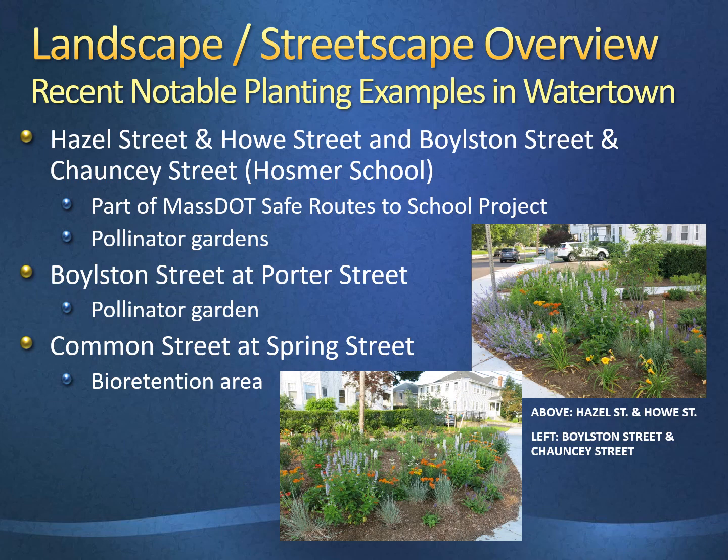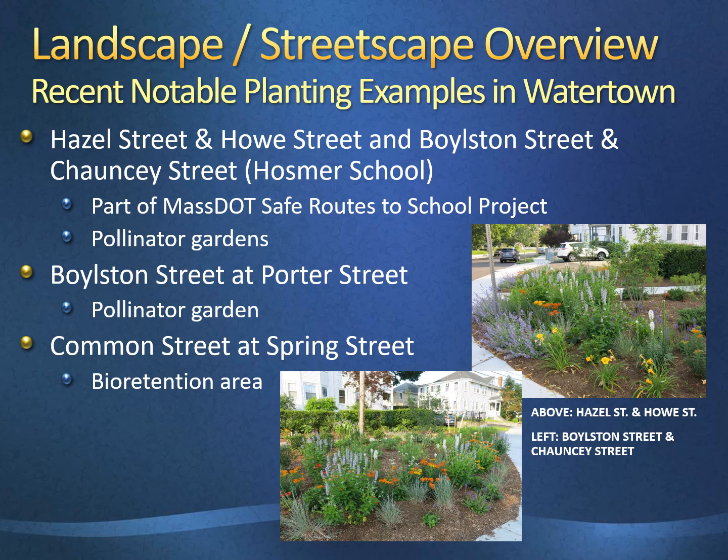We would like to make note of some recent planting examples in Watertown, which happen to be in the Mount Auburn Street area. For instance, at Hazel Street and Howe Street, and the corner of Boylston Street and Chauncey Street near the Hosmer School, are recent urban meadows, which you can see in the images in the lower right. These were constructed as part of a Mass DOT Safe Routes to School project.